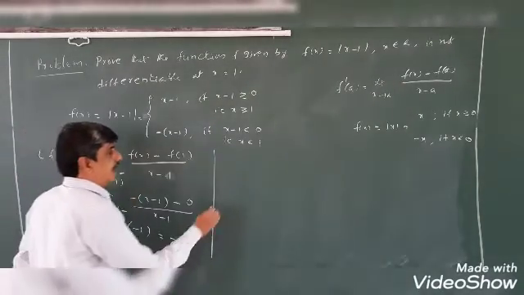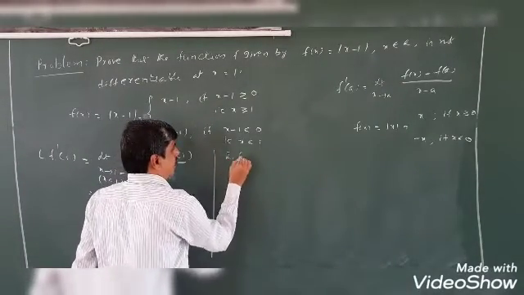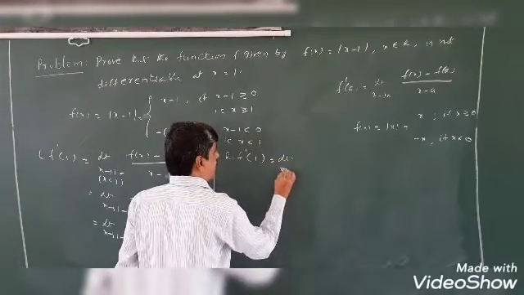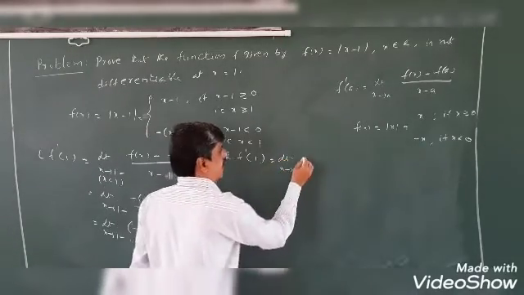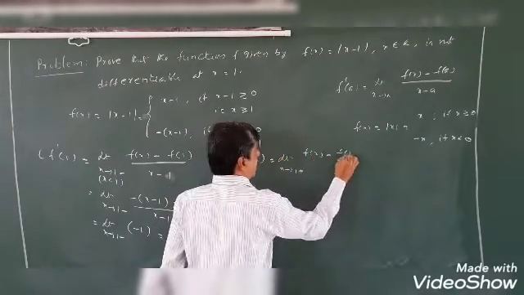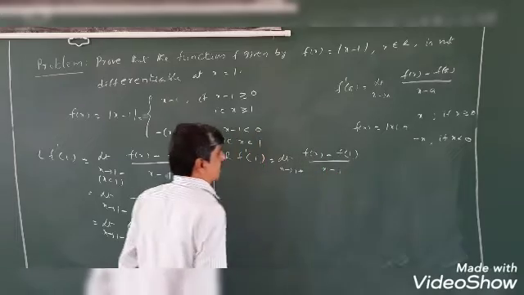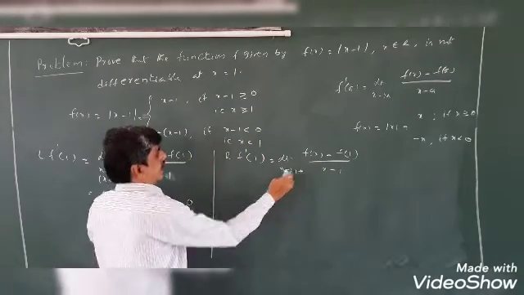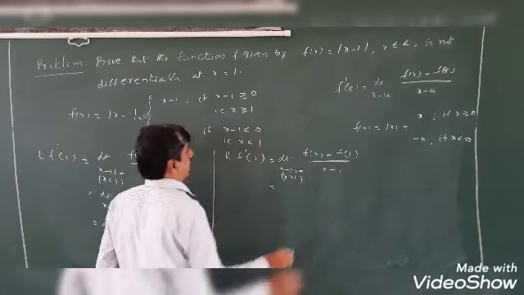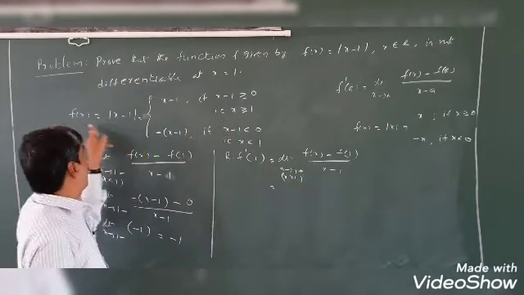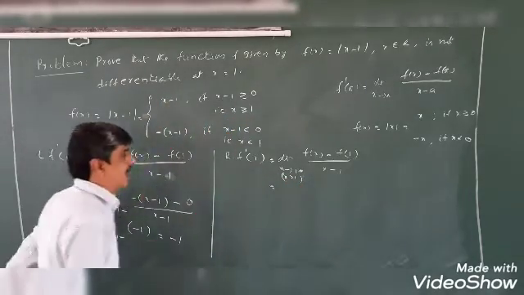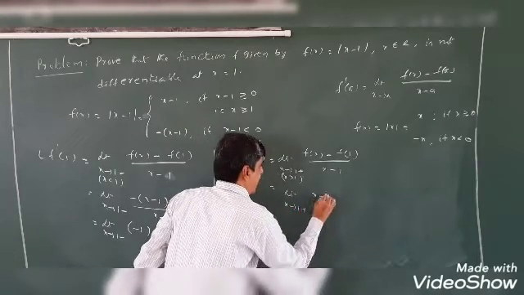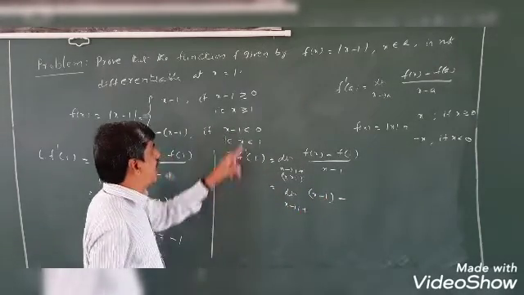Next, the right derivative at 1. This is the limit as x tends to 1 plus of f of x minus f of 1 by x minus 1. So x tending to 1 plus means x greater than 1. In the x greater than 1 case, f of x is equal to x minus 1. So limit x tending to 1 plus of x minus 1 minus f of 1.